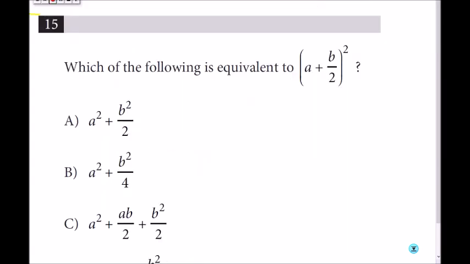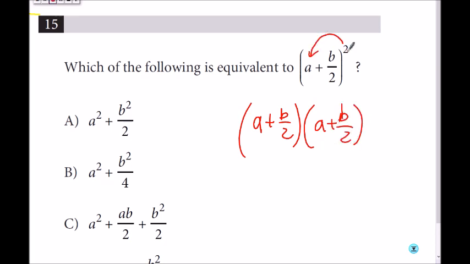Which of the following is equivalent to A plus B over 2, times A plus B over 2? The common mistake is that you just distribute the square to both. No, that's not how it works. It's a binomial squared, so you have to multiply the binomial by itself.